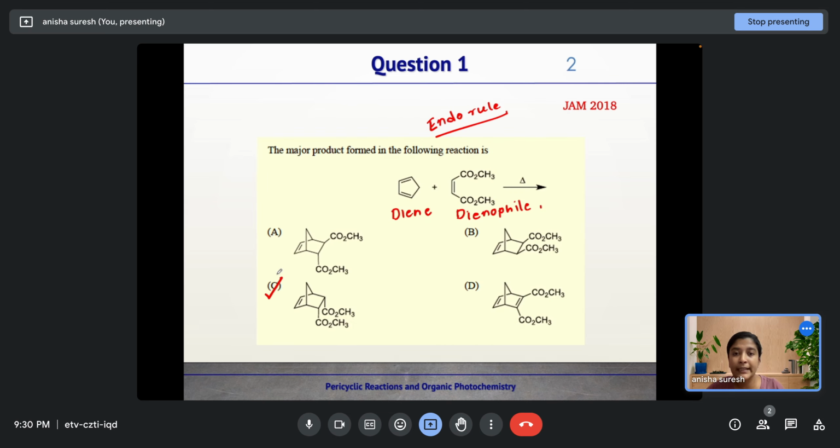So this is our starting material. So we can number it like 3, 2, 1, 3, 2, 1. So we will be getting the double bond, double bond O, which is this product.